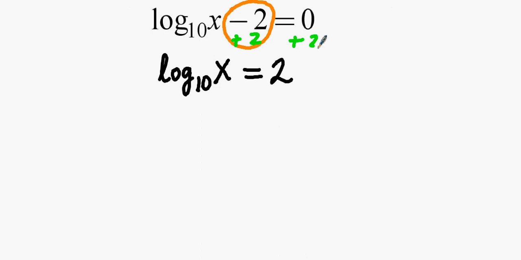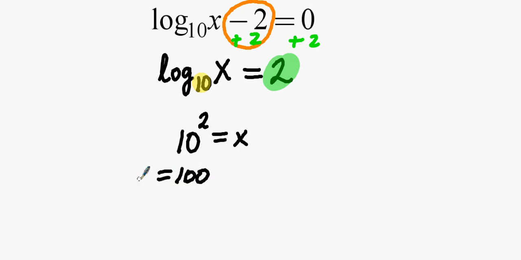And from here on, my base is 10, my exponent is 2, and my result is x. So 10 to the second power equals x. 10 to the second power is 100. So x equals 100.